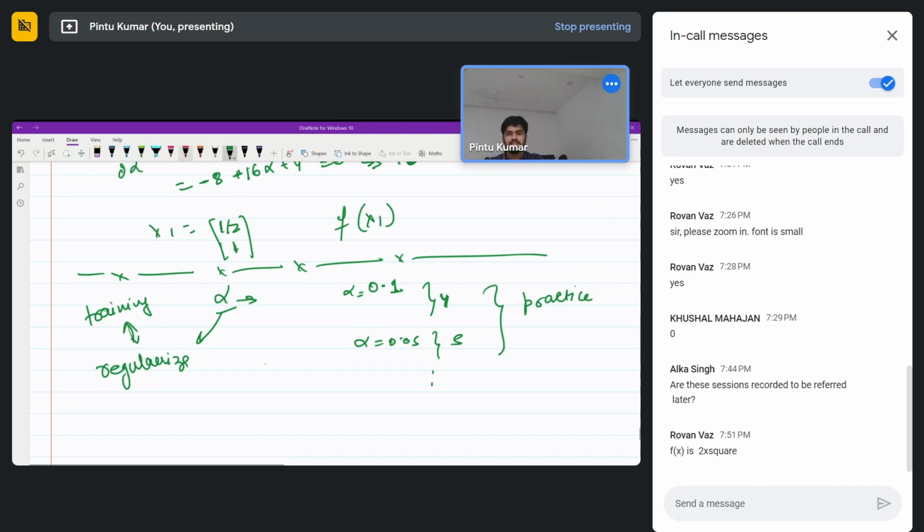So in practice, just a summary, you might not need to find the exact value of alpha, but you take some alpha and you keep reducing it with iteration.